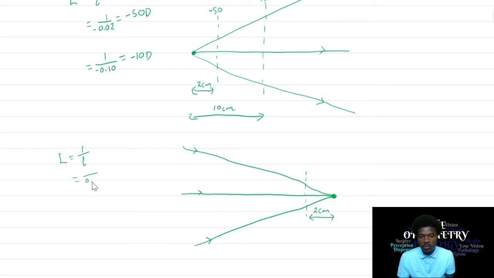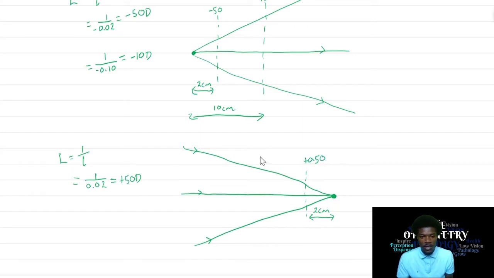We're looking at 1 over 0.02, and that will give us plus 50 diopters. So here would be plus 50.